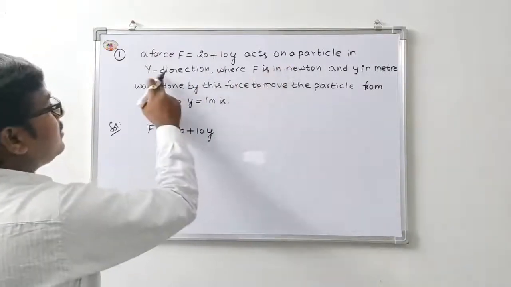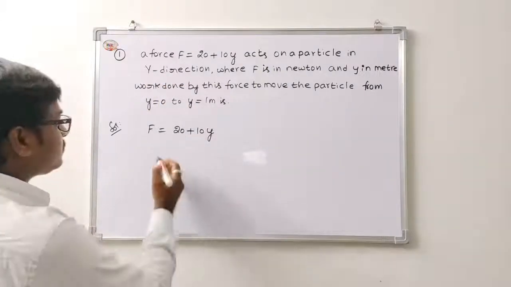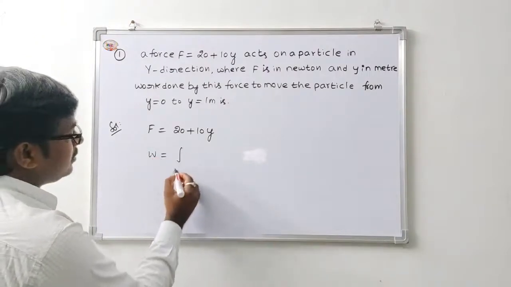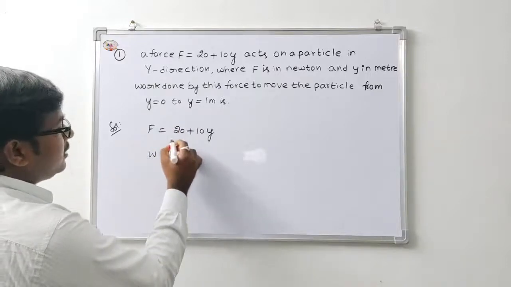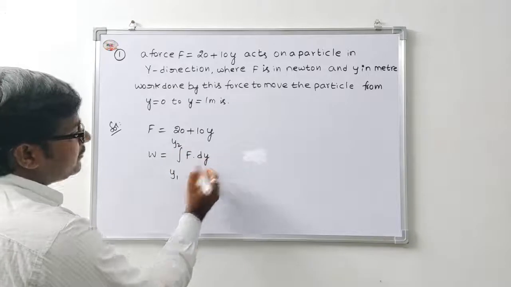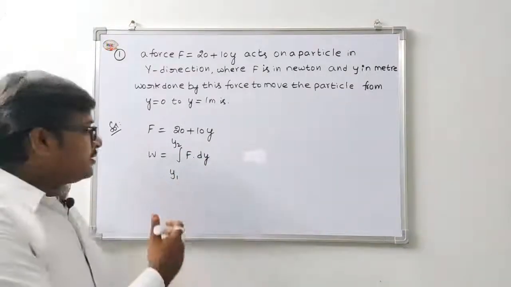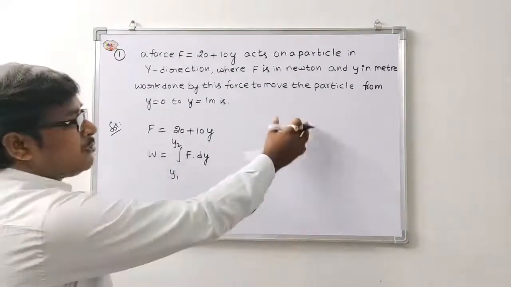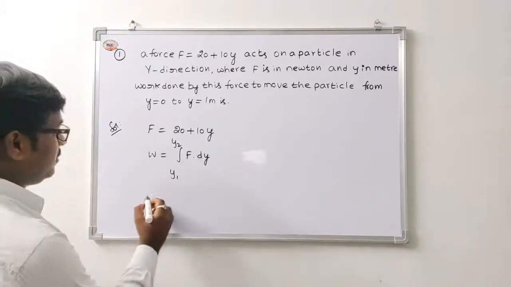The particle is moving in the y direction, so the work done is the integration between two limits, lower limit y1 and upper limit y2, of F dot dy. This is the variable force problem. The same problem was asked in the 2019 NEET level question paper.